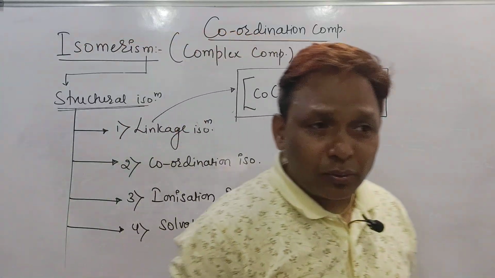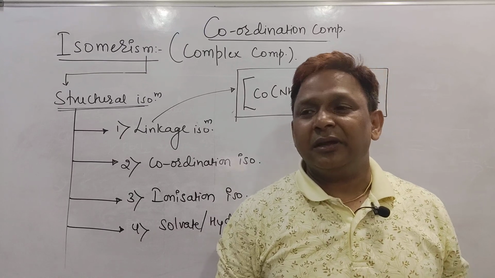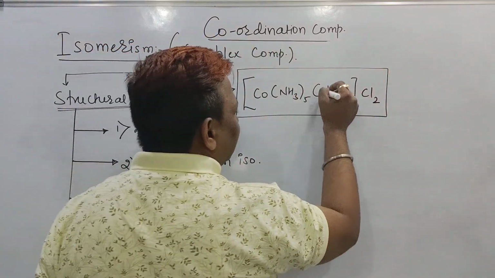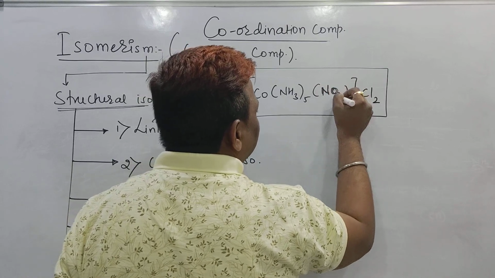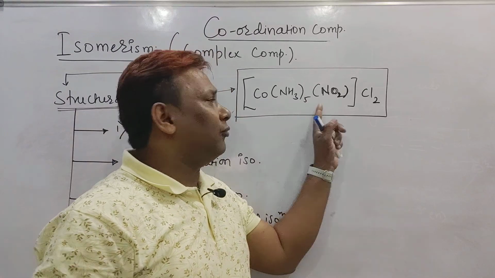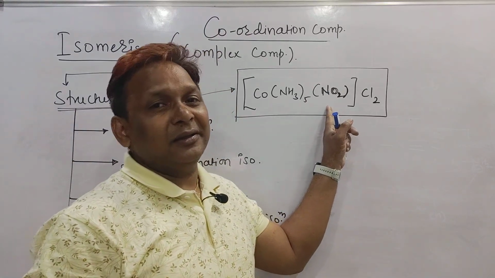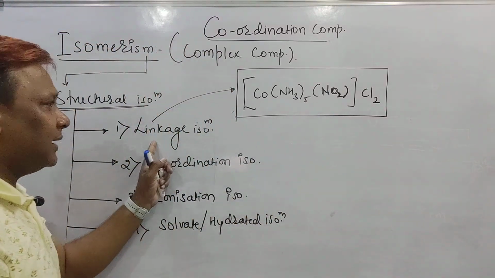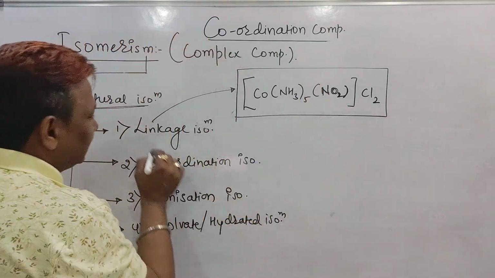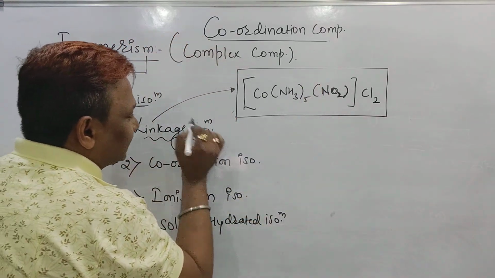How do you know it shows linkage isomerism? Because in this complex compound we have an ambidentate ligand. In any complex compound, if you find an ambidentate ligand, then you have to say this complex can show linkage isomerism.